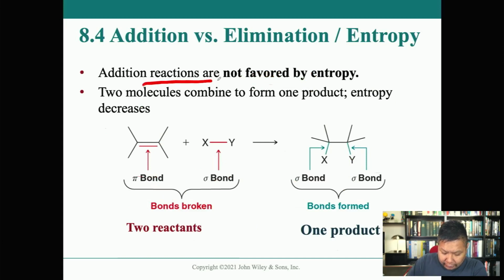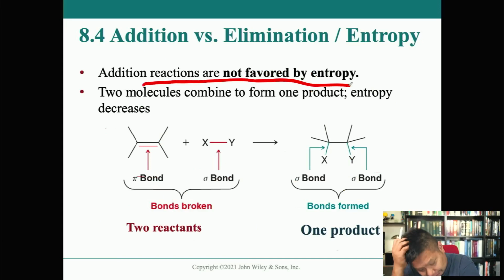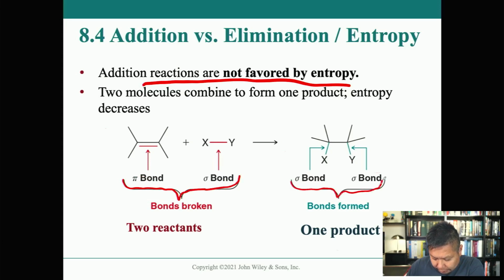Addition reactions are not favored by entropy. Two molecules combine to form one product, which means the entropy decreases. That makes sense, because going from two molecules to one molecule increases order. Going the other direction would be increasing disorder, and that would be more entropy.